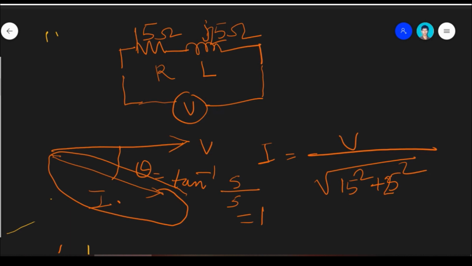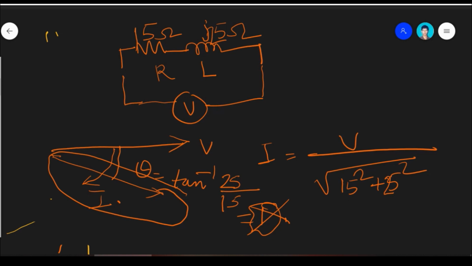Now see the angle, what would be the value of this angle? It will become tan inverse 25 by 15, and here you will get some complicated value, not 1. So here this angle will become something more than 45 degree.